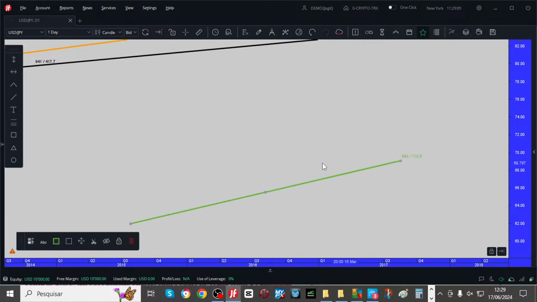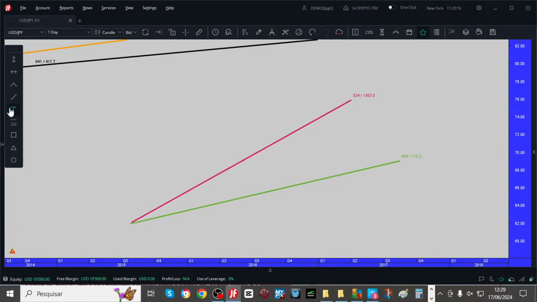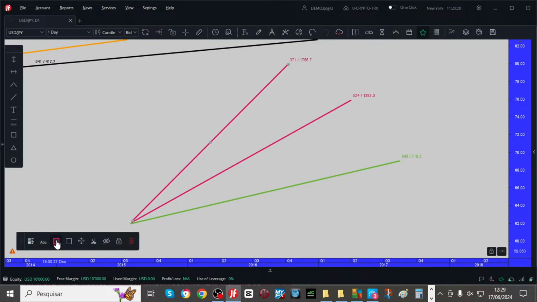So you have this trend line, everybody, and you have this trend line, and you have this trend line.